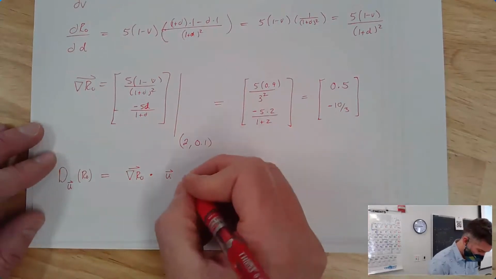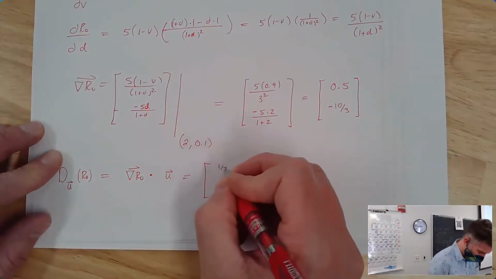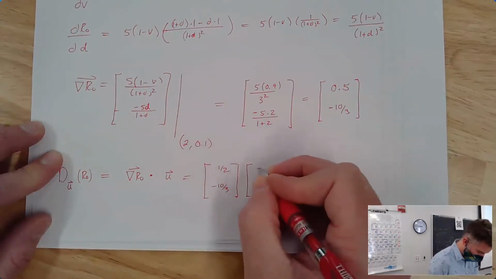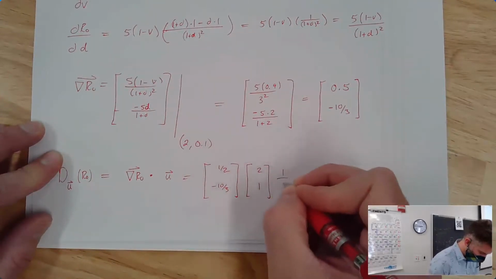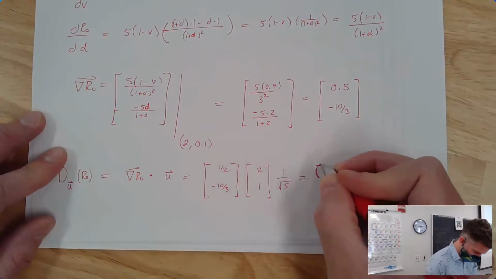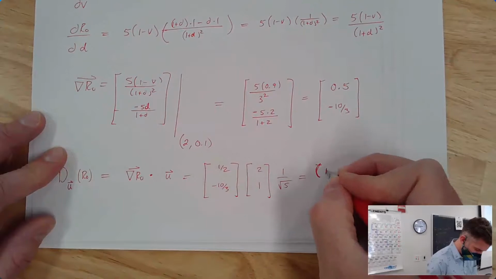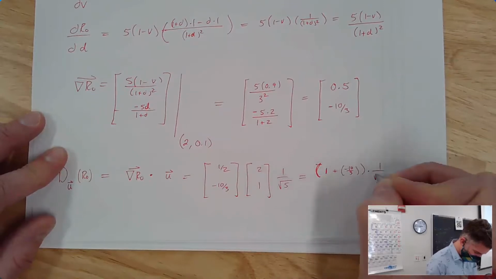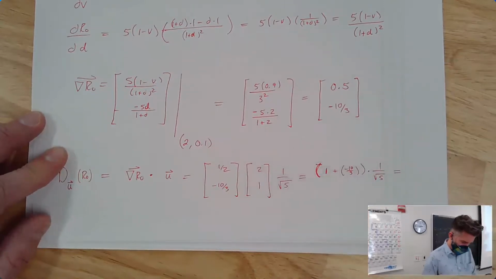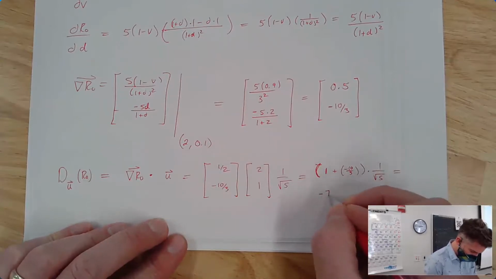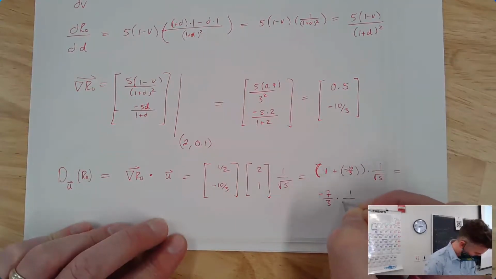So we're going to have 1/2, -10/3, dotted with 2, 1 divided by the square root of 5. That's going to be 1/2 times 2 plus -10/3 times 1, all times 1/√5. So it's going to be, okay, 3/3 minus 10/3 is -7/3 times 1/√5.